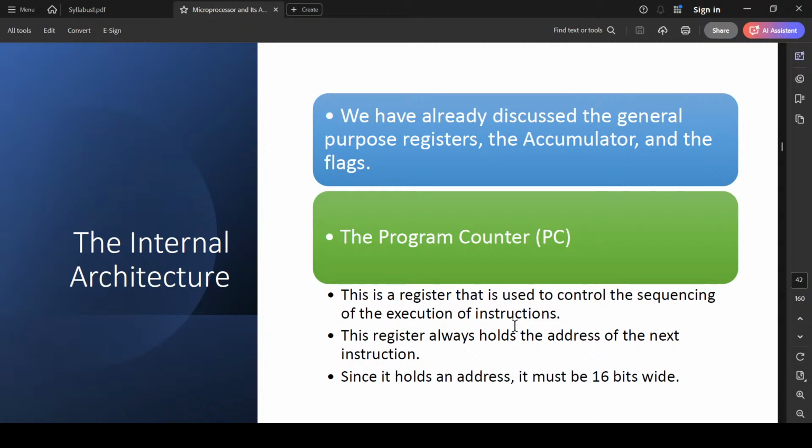Since it holds an address, it must be 16 bits wide. Why, you may ask? Even I don't know. Let's think. It is holding an address.